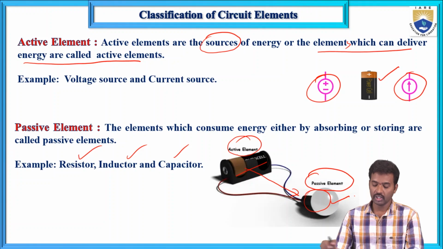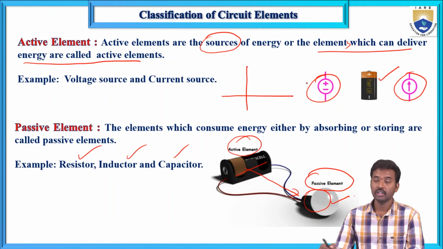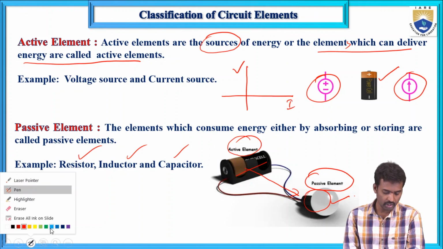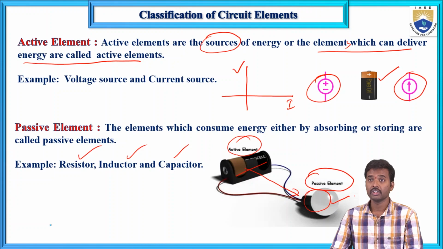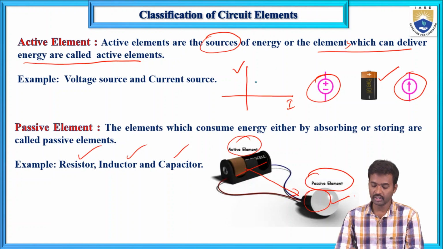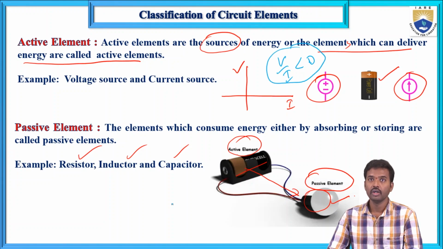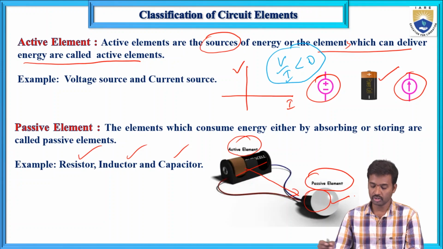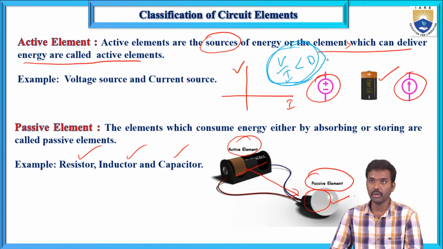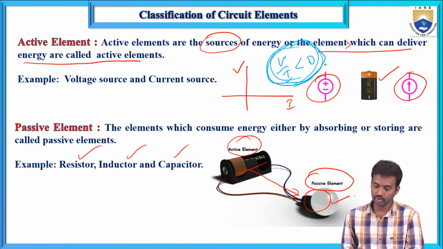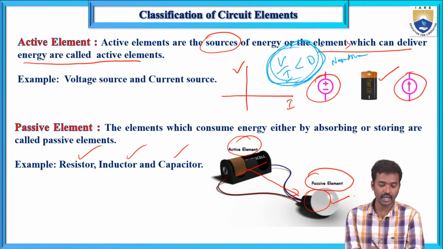Now consider voltage by current. If you draw the graph of the voltage across the element against the current, and the V by I ratio is negative, less than 0, then that is an active element.